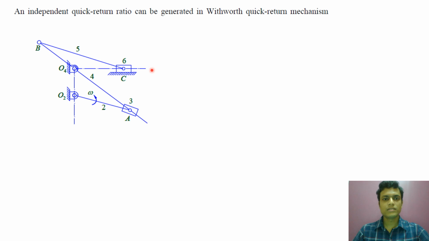Those 2 points will be the points at which slider 6 will be at the extreme right position and the extreme left position. So the corresponding positions of A will be the 2 intersection points of this circle generated by point A and the axis of slider 6.